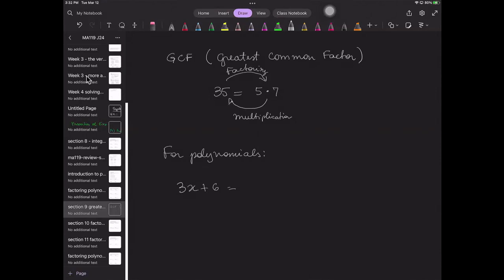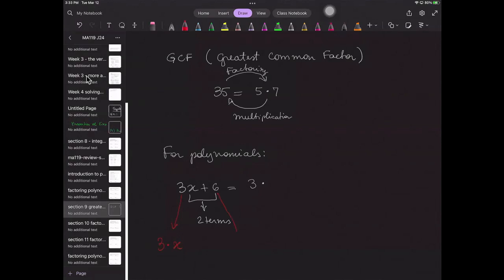The way I factor is by looking at what's common between the two terms. There are two terms. Both terms can be divided by the number 3. So it's the number 3 times something, okay? Term number 1 is 3 times x, so it's already kind of in the factorization form.